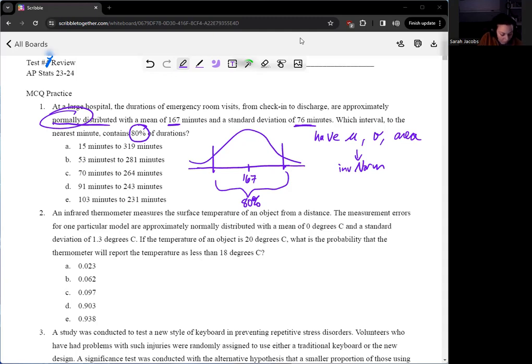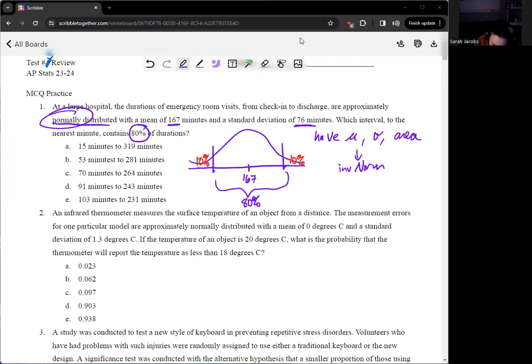Now, in many calculators, when you go to inverse norm, so that second vars, and then you go down to inverse norm, it's going to give you the area to the left of the point. So you have to adjust it a little bit, because if this is 80% in the middle, then we have 20% left, which means since it's symmetrical, we have 10% here and 10% here.